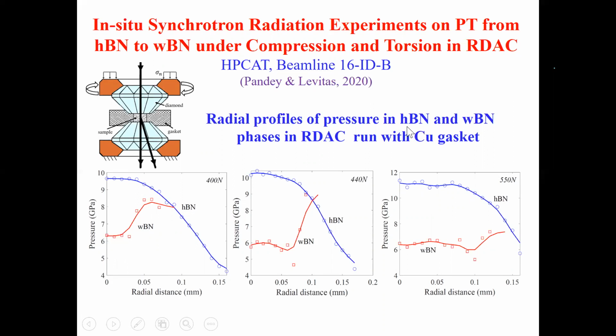This is an example for the phase transition from hexagonal to superhard wurtzitic boron nitride. And it's very important to measure them separately because phase transition occurs in the low pressure phase. So we need pressure in the low pressure phase. And you see the difference here, 6 GPa, or a factor of 2.